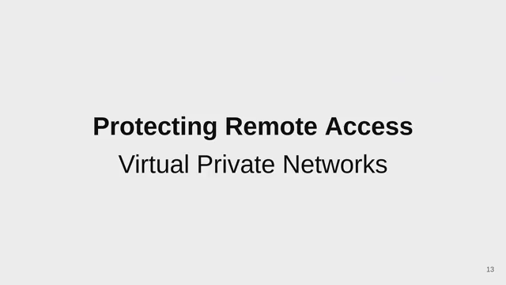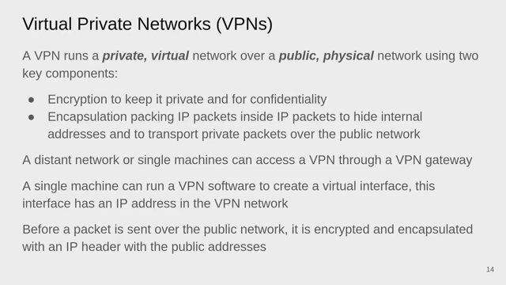We're going to move on to VPN, protecting remote access. Here the idea is that somebody outside of our network would like to get access to our internal network. A way to implement this is through a VPN. A VPN runs a private virtual network over a public physical network.